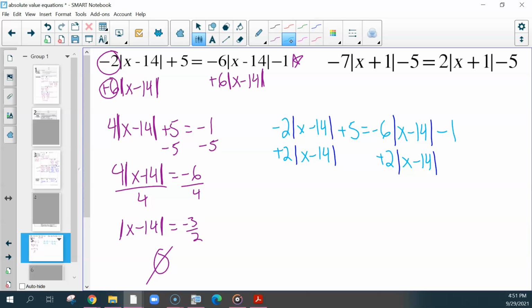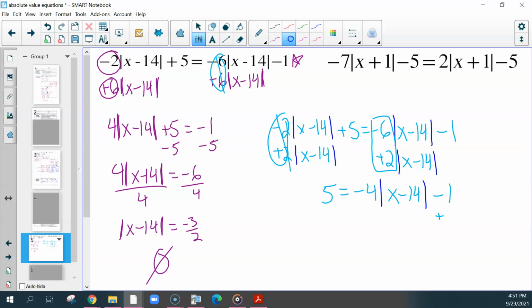So when I do that, these 2's cancel, just like these 6's cancel. I just didn't put that. I'm left with 5 on one side equals, I have negative 4 when I combine these two. Think about the x minus 14 as like terms. My absolute value sign, x minus 14. And then my minus 1 at the end.